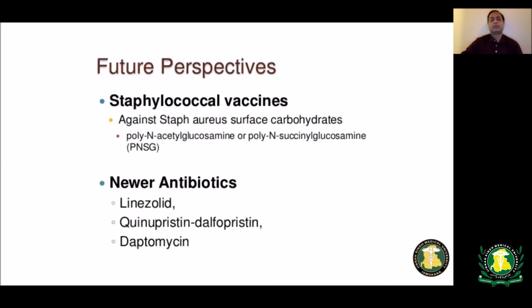Now, what are the new perspectives about infective endocarditis? We're trying to come up with a vaccine which can be given to people who are prone to have infective endocarditis.